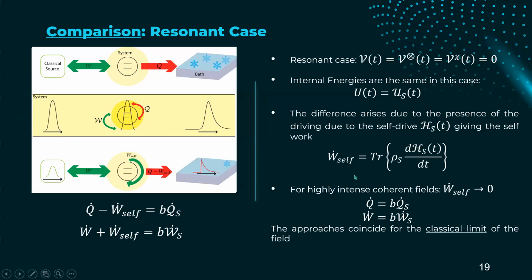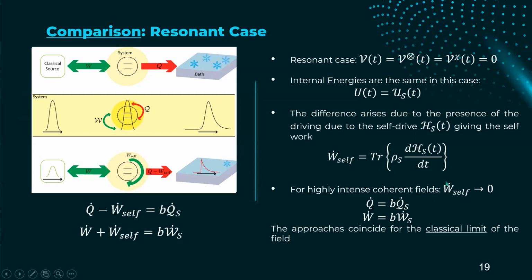So what you see is that the heat, because the self-drive term came from the dissipator, this heat minus, if you take out this energy because of the self-driving, it is the bipartite heat that you will get. Whereas if you add this term to the work, to the open work, you get the bipartite work that is done on the qubit. And that is what happens in the resonant case. And this self-work really relates the works and the heats of the two approaches.